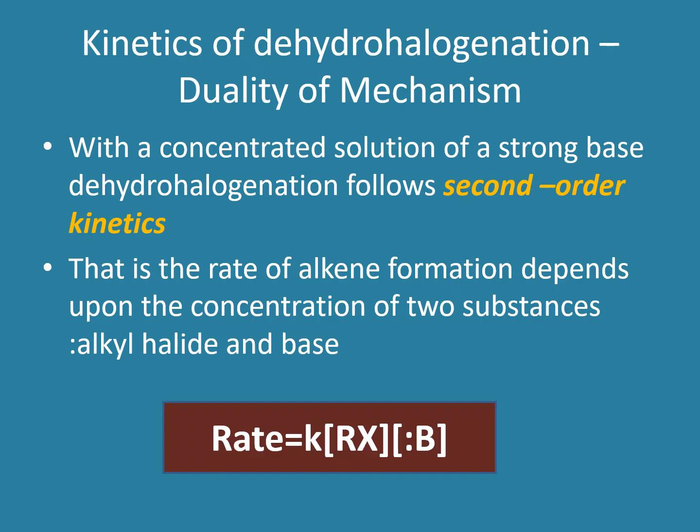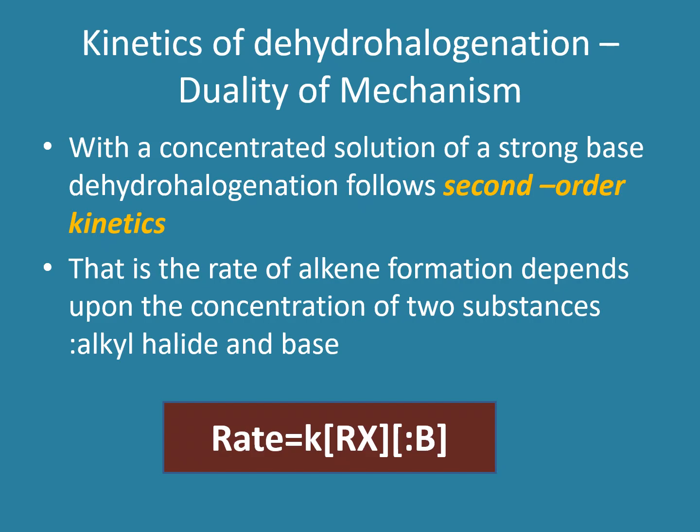Two substances means in this particular reaction we use an alkyl halide and a base. So in this second order kinetics, the rate of the alkene formation depends upon these two substances. So based upon the concentration of alkyl halide and base, the reaction is occurring.